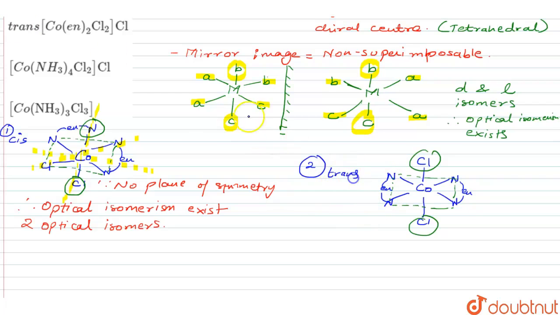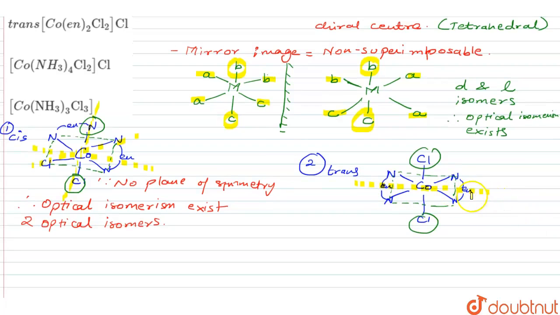Yes. Now, in that case, definitely a plane of symmetry exists. How come? Let us see this. So if you're placing a plane of symmetry from this particular angle, from this particular point, you'll be seeing that on either sides of the plane, you're having the same number of ligands. Okay, fine. And even though this is the ethylene group, it is cutting into half. So it's on either sides. Yeah. Now, if you're placing the plane of symmetry from this point, that's a vertical one.